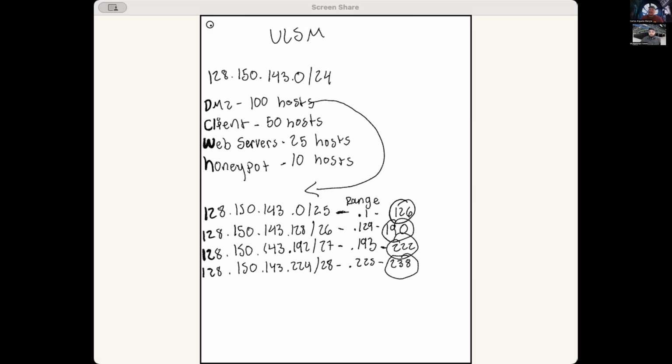Instead of putting everything under that /24, where my honeypot can talk to my client, my DMZ and my web servers, which we would not want, we've allocated it to different subnets, different broadcast domains, and in essence, different VLANs. It all connects as you learn VLANs to subnets.